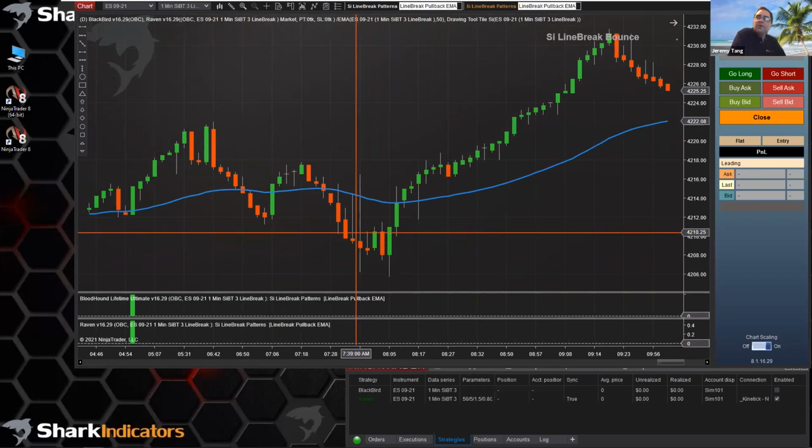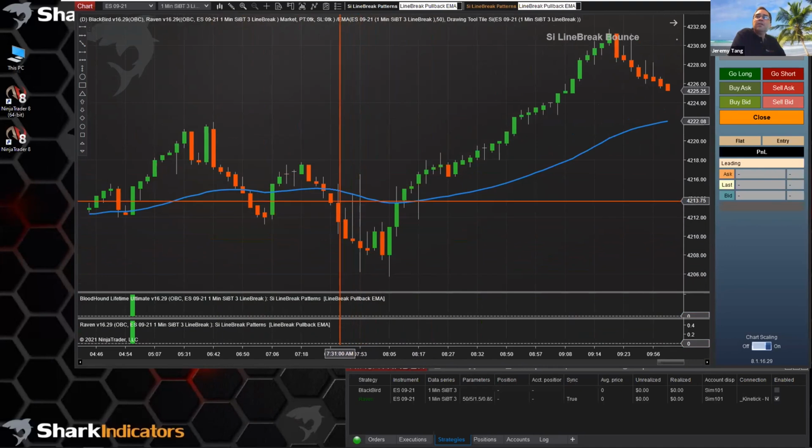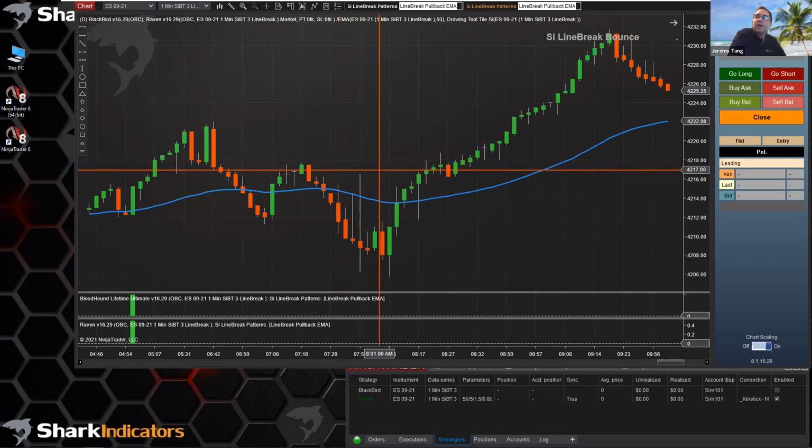I know on Futures IO there is a wicked line break bar, so that gets you half of the way there to more accurate backtest results.